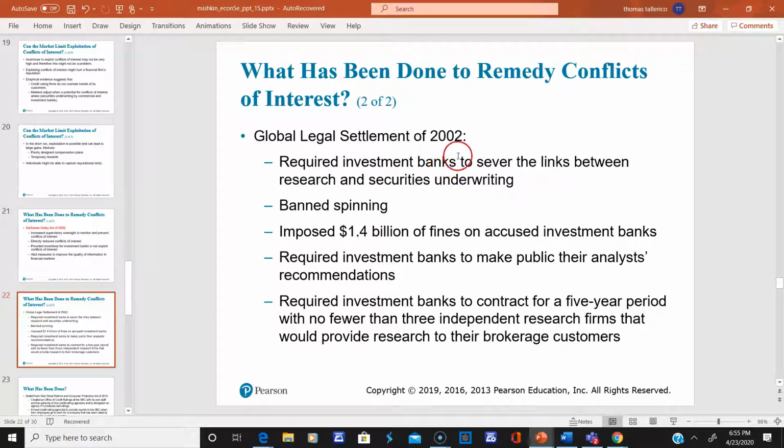So banks had to sever the links between research and securities underwriting, and it banned spinning, telling stories about different things, and there were big fines levied, and investment banks had to make a lot of things public from their analysts.